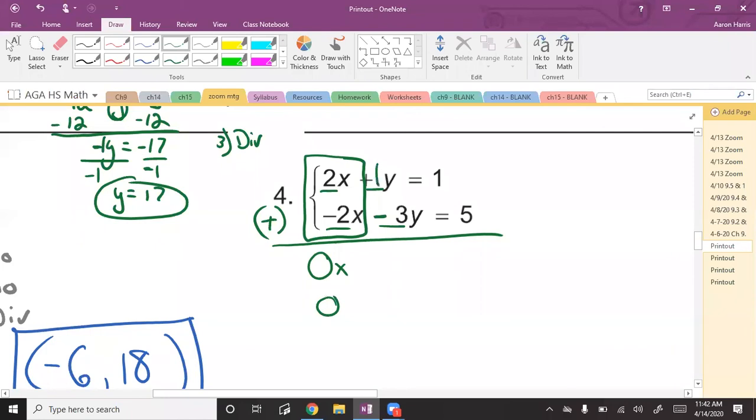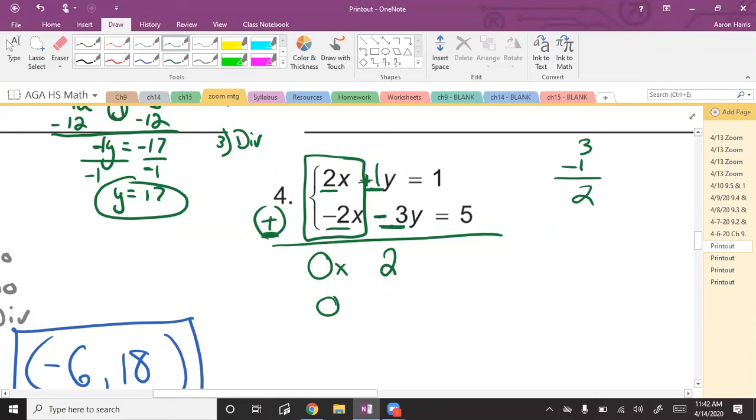Now remember, this was a 1. This is -3. What is 1 plus -3? I have opposite signs. So really, I should put the big number on top, small number on the bottom, and subtract them because they're opposite, right? 3 minus 1 is 2.